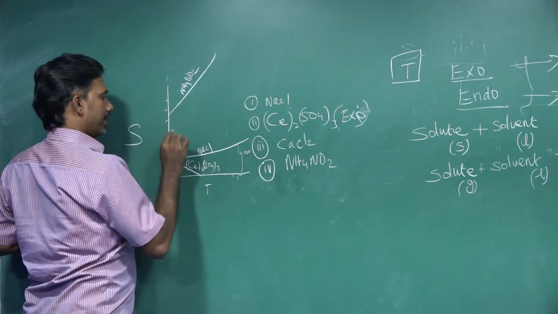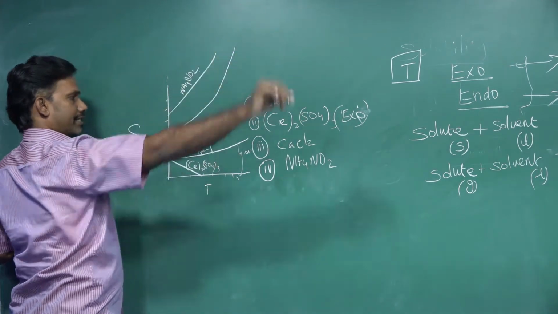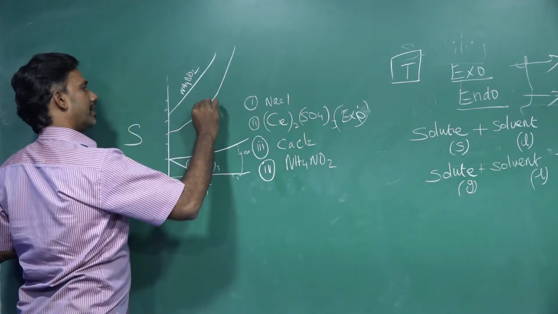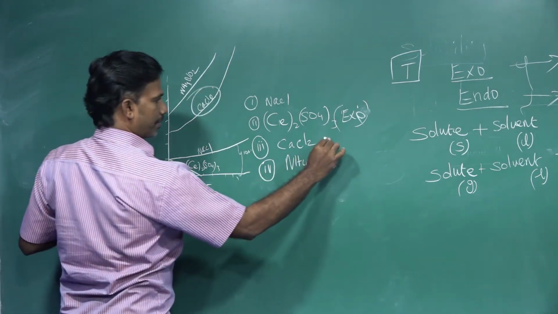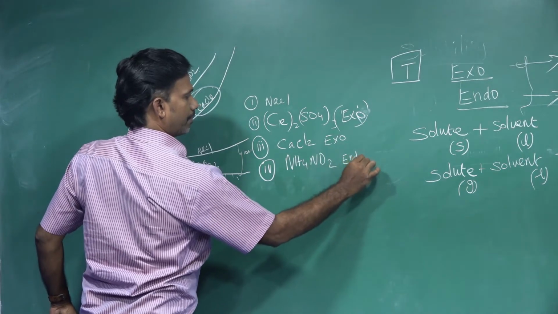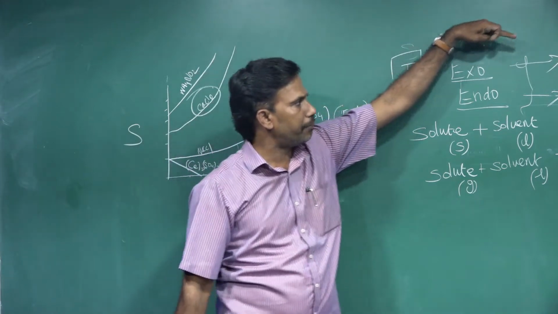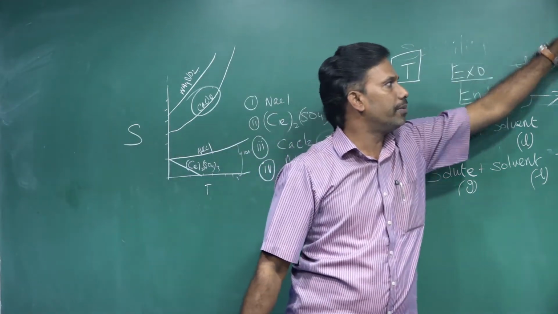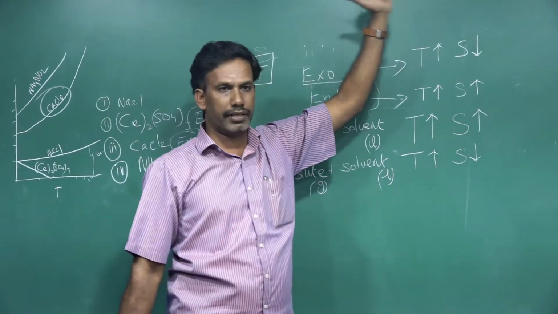Calcium chloride is also an exothermic process, but some other factor is ruling, so the solubility slightly increases. As I said earlier, for an exothermic process, temperature increases, solubility decreases.